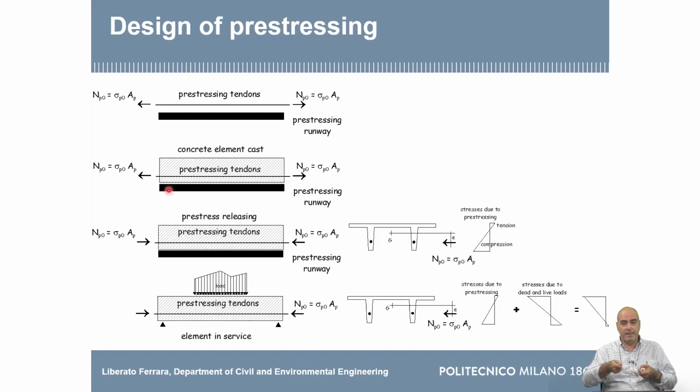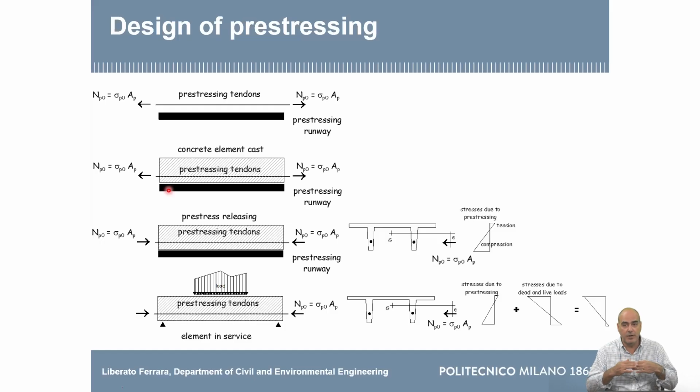What happens? It happens that this tendon here tends to shorten. If you release the force, it will tend to shorten. This is if the tendon is free, but the tendon is no longer free. There is hardened concrete around it. There is bond. So the concrete opposes the shortening of the tendon. And how does it oppose it?